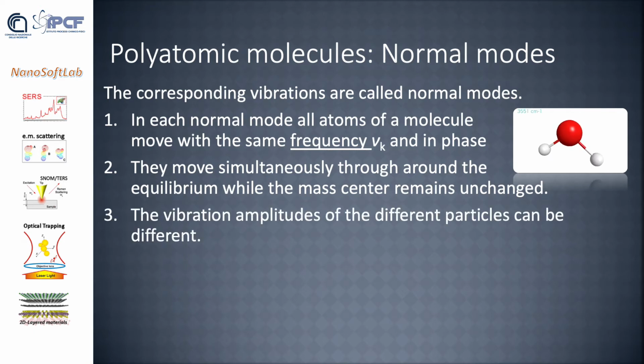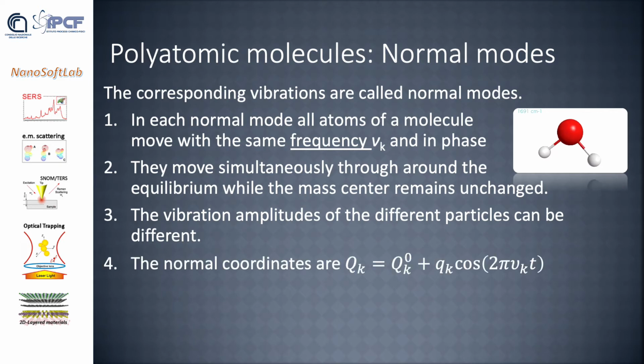The vibrational amplitude of the different particles can be different. To each vibration we associate a normal coordinate, and the behavior of the normal coordinate will be harmonic, oscillatory, with an amplitude q_k, an equilibrium position q_0k, and an associated vibration frequency nu k.